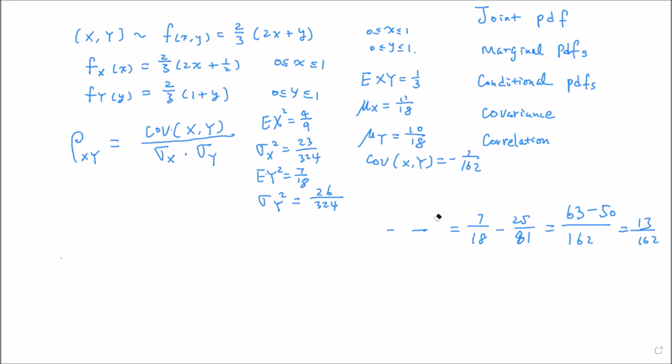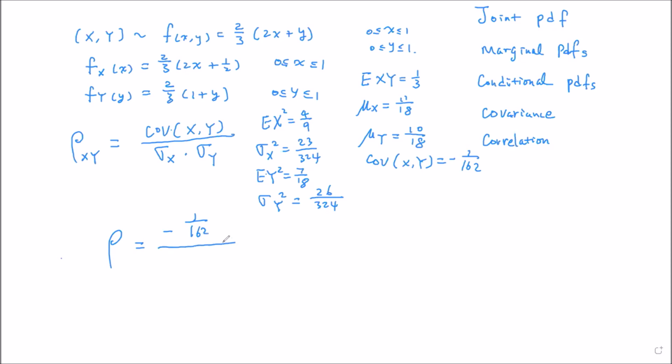All right, now we're ready for the correlation. So the correlation equals the covariance divided by sigma X times sigma Y, which is the square root of 23 out of 324 times the square root of 26 out of 324.